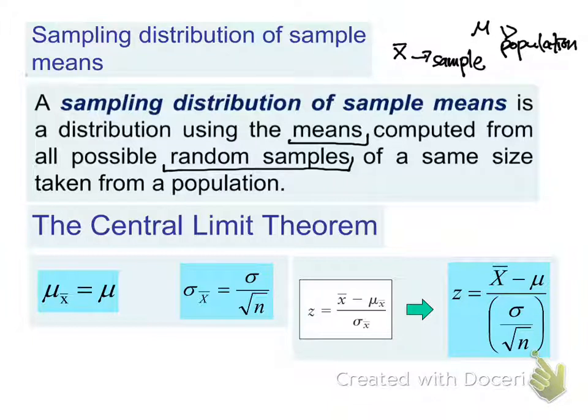Okay, now look at this. This is the mean for the sample mean. It will still be the same, using the same mean. But when it comes to the standard deviation, you need to divide by something. The special part is here. We need to divide by n.